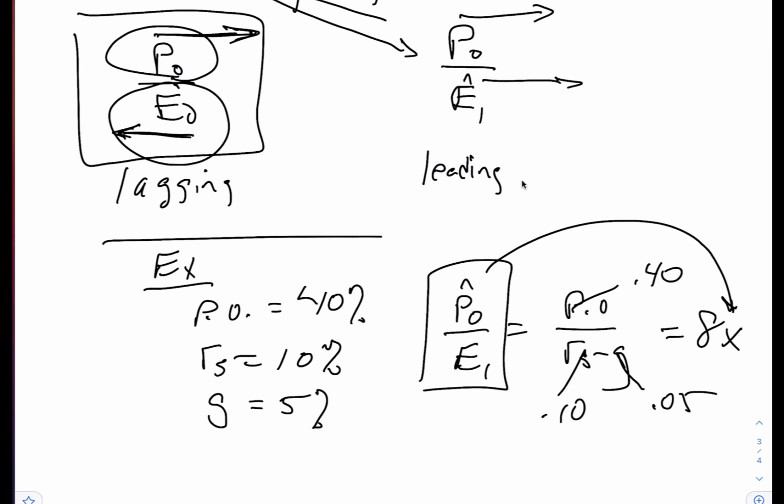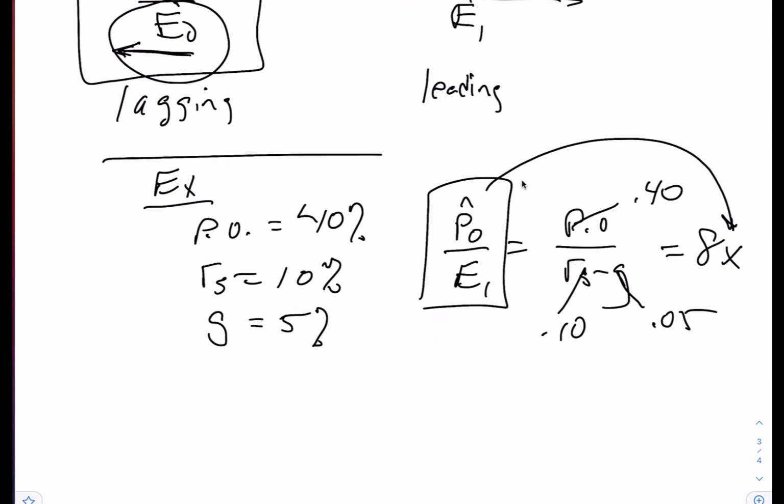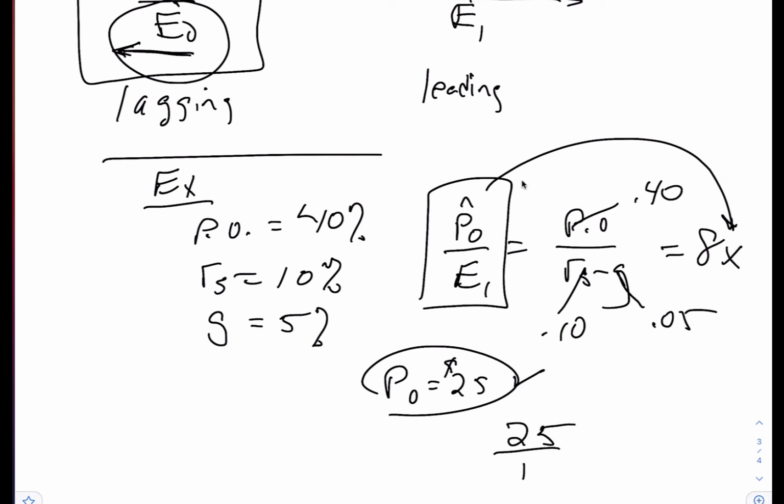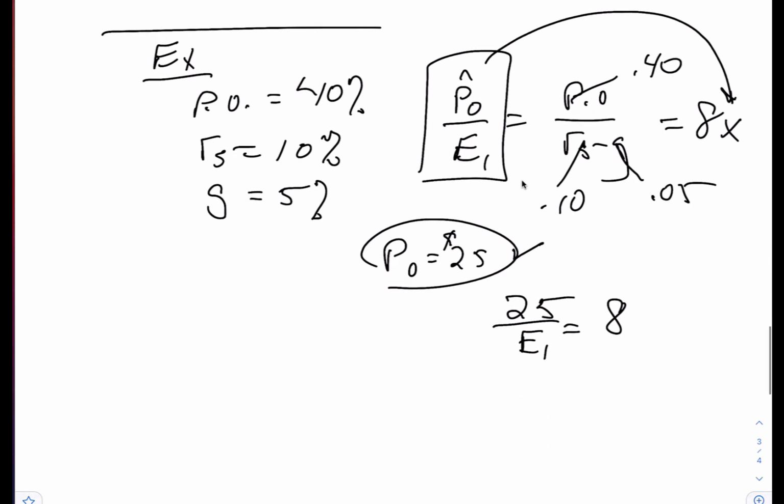Well, if we know the PE ratio is 8, and let's say the stock price today is 25, we can always observe the stock price today, so that's always available. So we take 25 divided by E1 equals 8, and we solve for E1, and we get E1 equals 3.125, about $3.13, is the earnings per share estimate for next year.